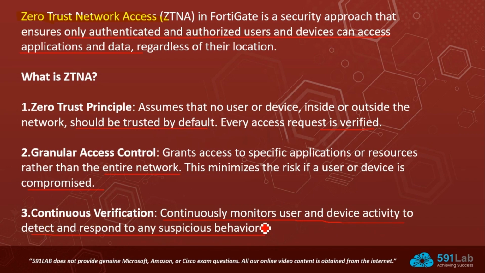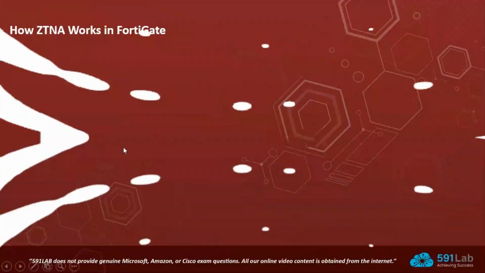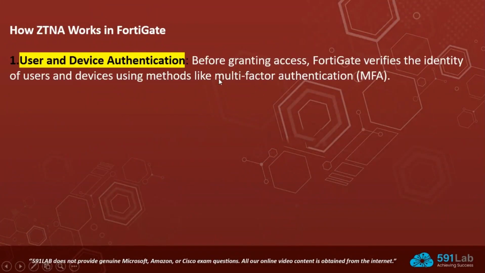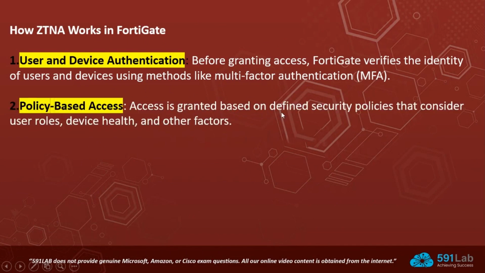Let's understand how ZTNA works. For user and device authentication, before granting access, FortiGate verifies the identity of the user and device using methods like multi-factor authentication (MFA). And also policy-based access.